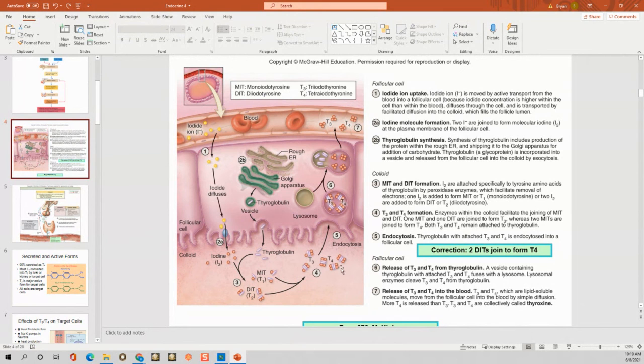So in order to get these structures back into the cell, we're going to have to go through an endocytotic event. A new vesicle is formed inside of that cell. Lysosomes cleave the thyroglobulin away from the T3, T4, and it enters the bloodstream, at which point it requires a carrier to move it through that bloodstream, and that carrier is TBG.